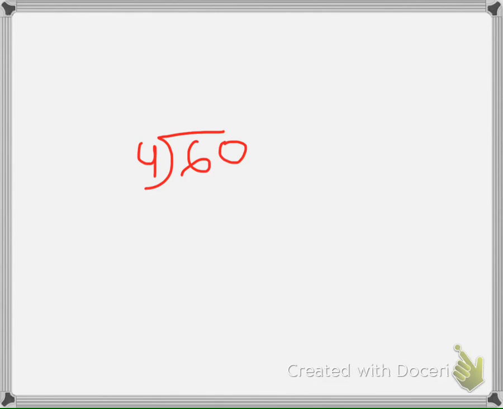Since 4 times what equals 60, you would think 4 times 15 equals 60.